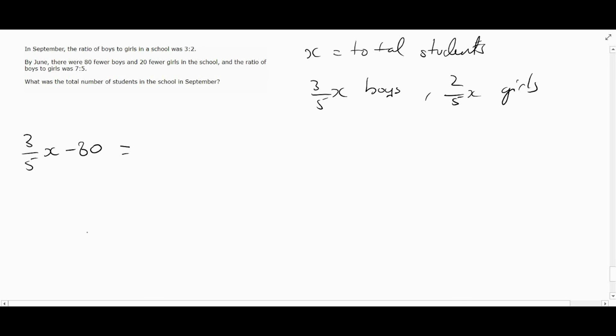So we have to think about what this is equal to. Is it just equal to whatever the amount was before, which was the total amount? How does this relate to the total student body? Now we have a new ratio, 7 to 5.